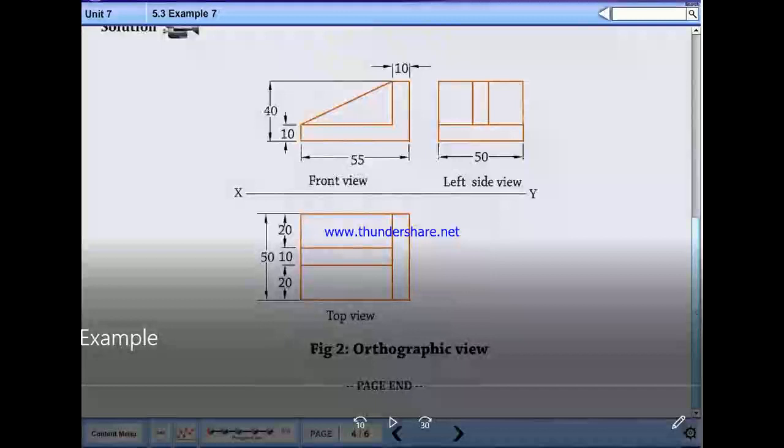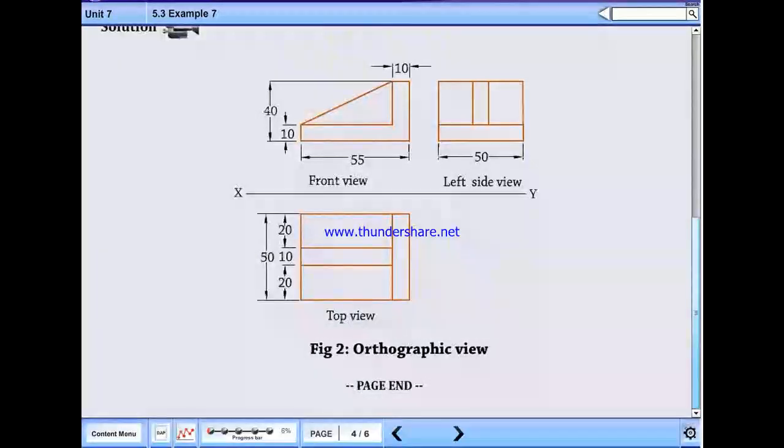This is the solution of the orthographic view with the previous pictorial view. First note down, and then we'll see how the front view, top view and left side view are obtained.